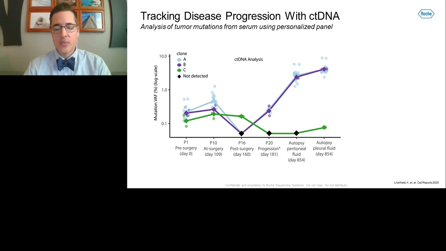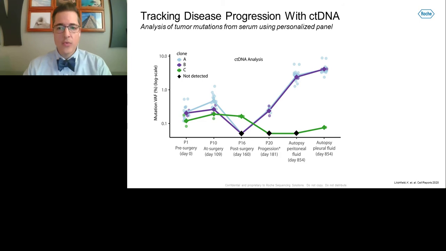However, that changes when the patient is on therapy and clones A and B take off, clone C is undetectable, and the patient then succumbs to their disease, and the predominant clones are clone A and B. It is interesting to note that clone C is present at the autopsy in pleural fluid.